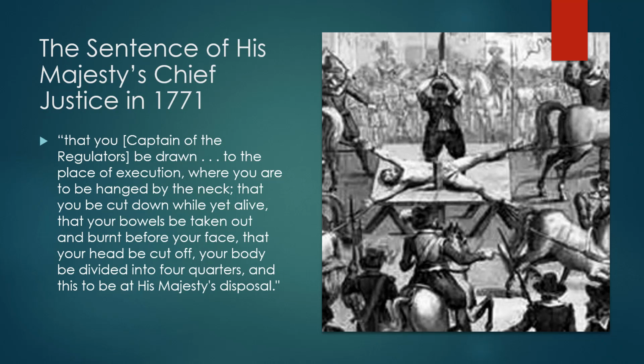This was a brutal way that they killed people, because the punishment was not just to show everybody it was wrong, it was to inflict the maximum pain, and it was going to set the example.